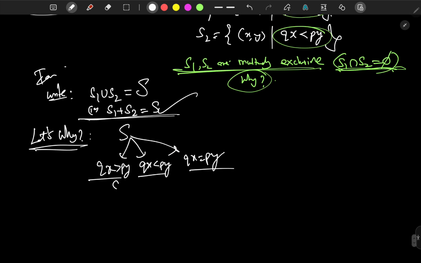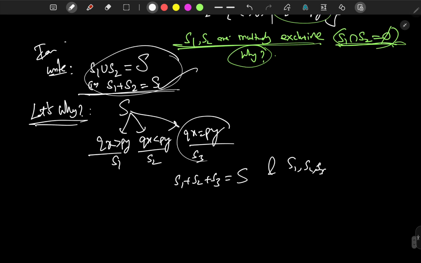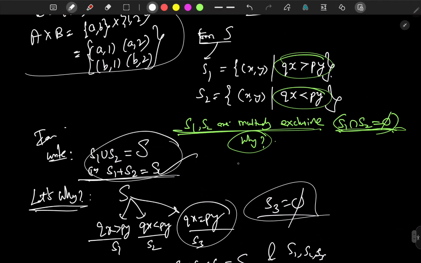So if it's S1, S2, S3, then we can say S1 union S2 union S3 equals S, and all of S1, S2, S3 are mutually exclusive. This is common. But I said that only these two form S. That means this S3 is a phi set. Okay? That means there is no ordered pair x comma y that satisfies this condition.